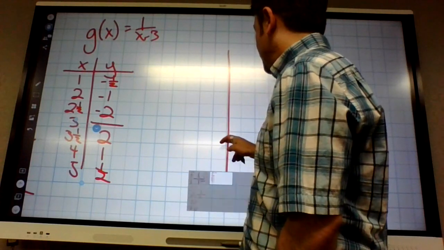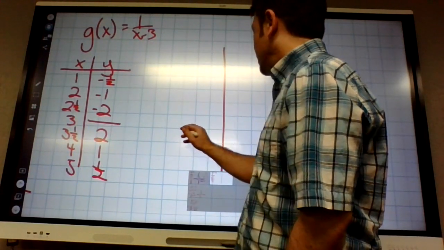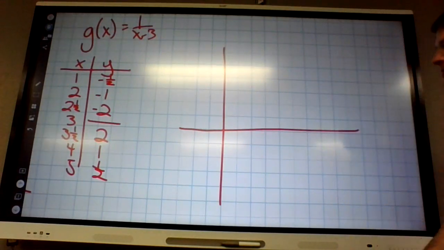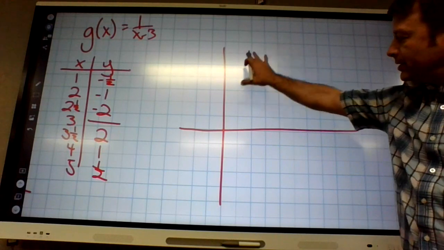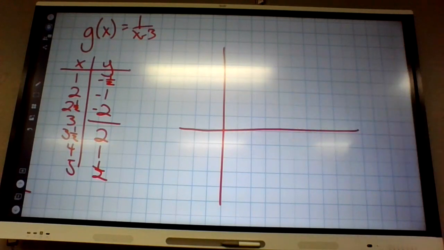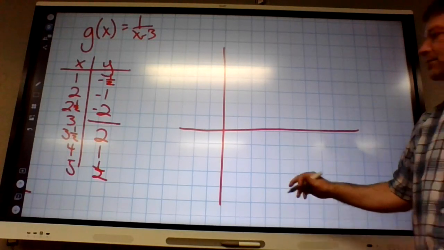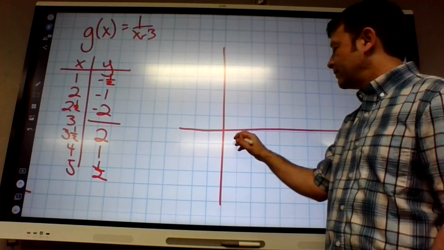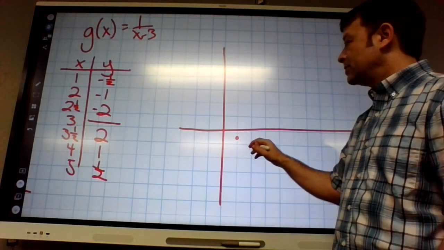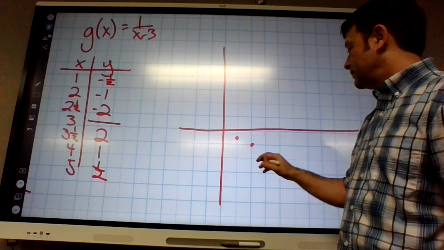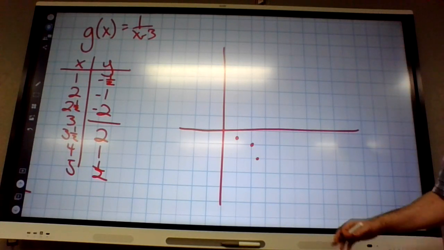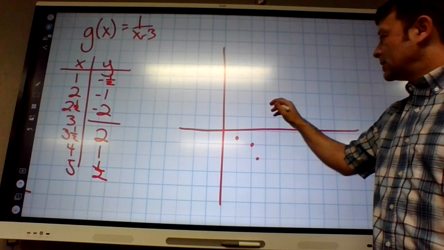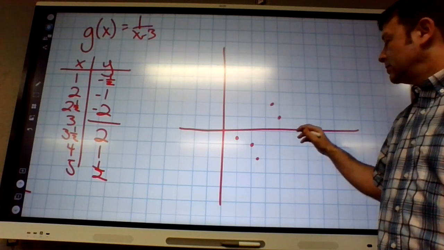So since the graph is moving right 3, you might want your x-axis to look kind of like that. Like the middle of the graph's like right here. So 1, -1/2, 2, -1, 2.5, -2, 3.5, 2, 4, 1, 5, 1/2.